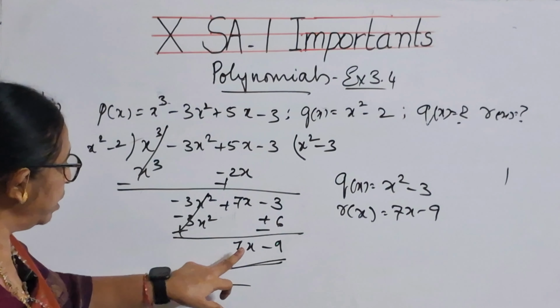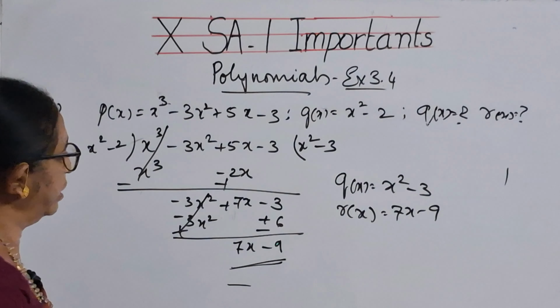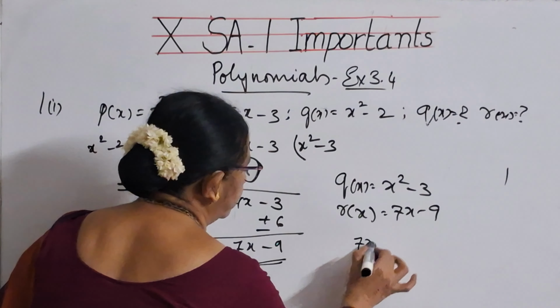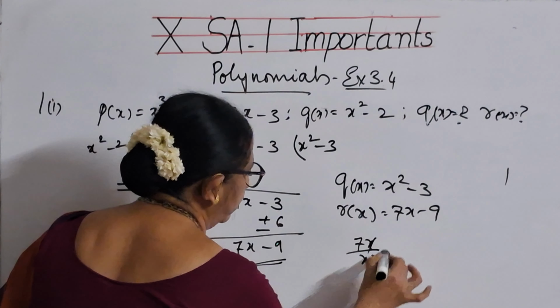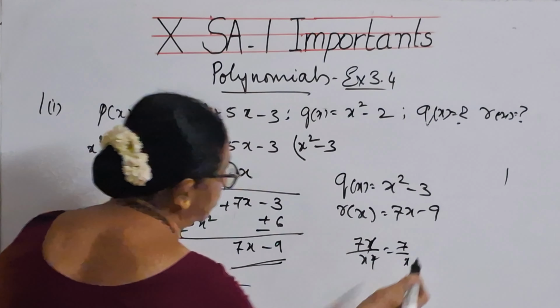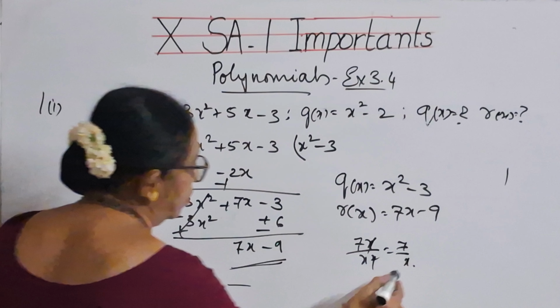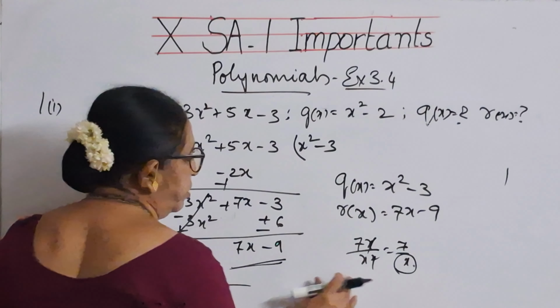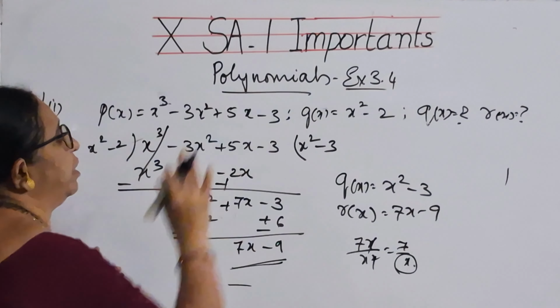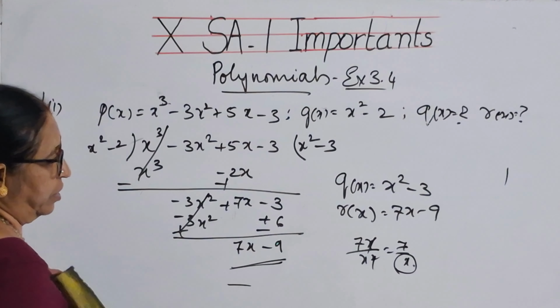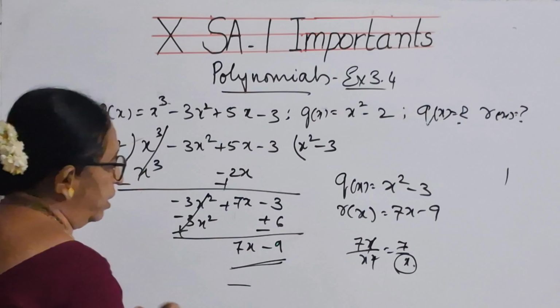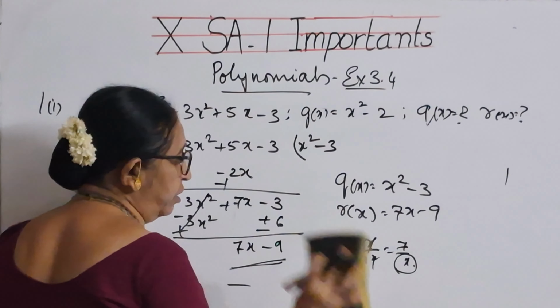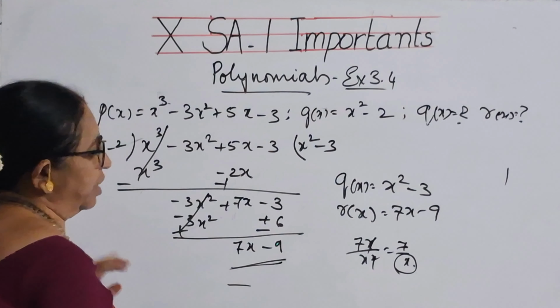If you take 7x and divide it by x square, what are you getting? 7 by x. 7 by x is not a polynomial because the variable is in the denominator. If it is not a polynomial, we cannot continue our problem like that. So up to here only you are supposed to do. So this is the answer, children.